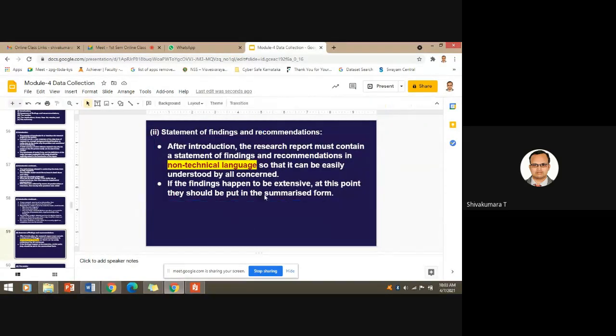If the findings happen to be extensive at this point, they should be put in summarized form. So here, statements of findings and recommendations. If you are giving a recommendation to read extra material to other readers, you can mention it there itself under this heading, that is statement of findings and recommendations.